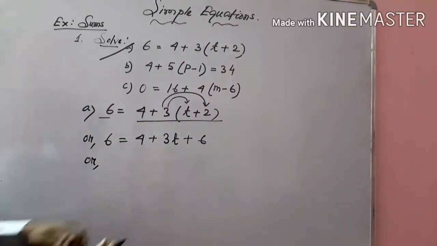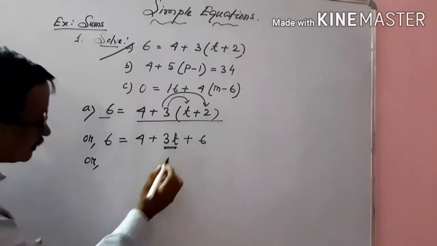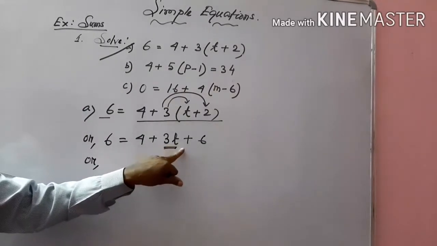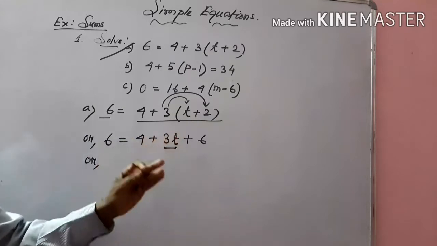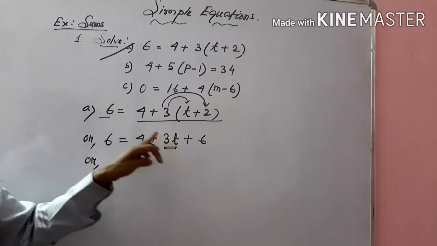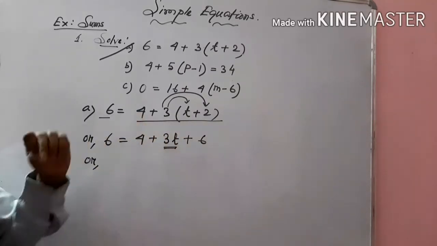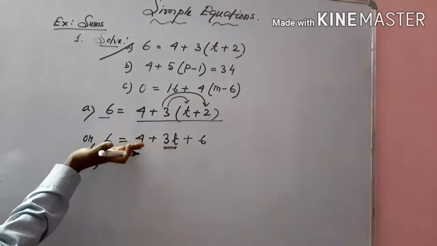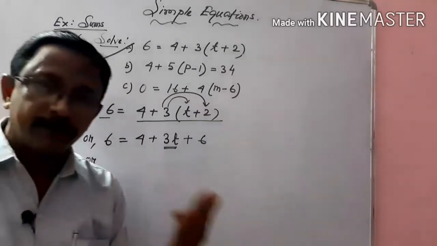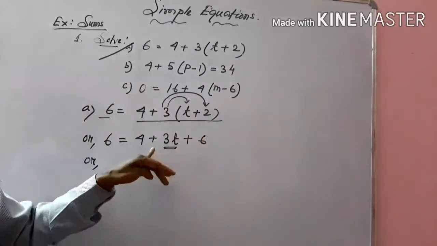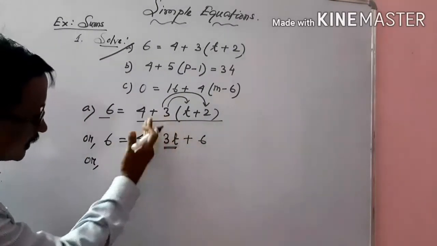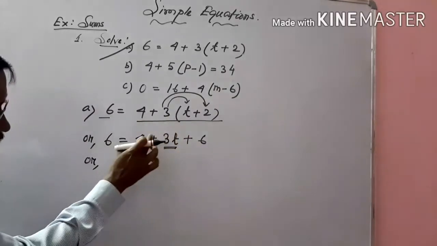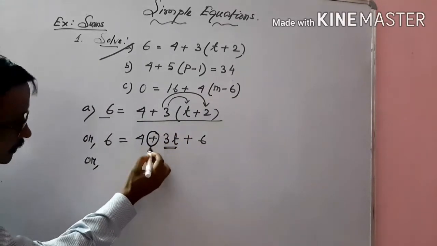Next step, you have to find t. t is the unknown variable. Solve means you find the solution of the equation for t. So take the right hand side terms to the left hand side. What is the concept? Change the side by changing the sign.